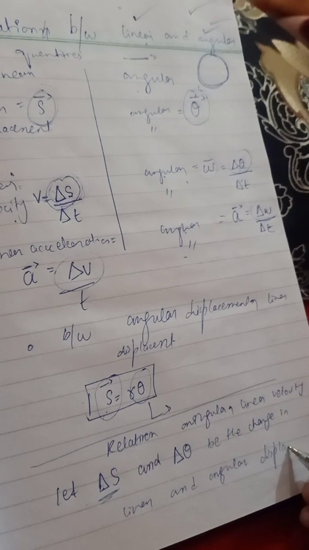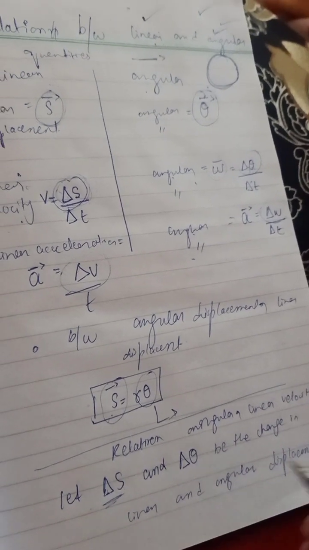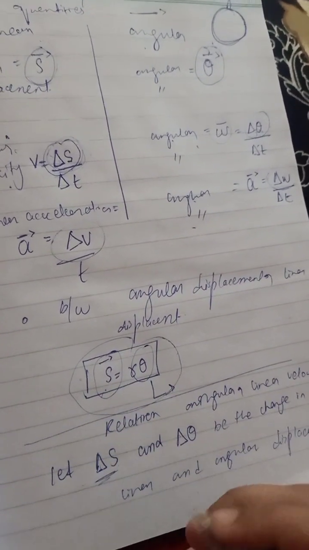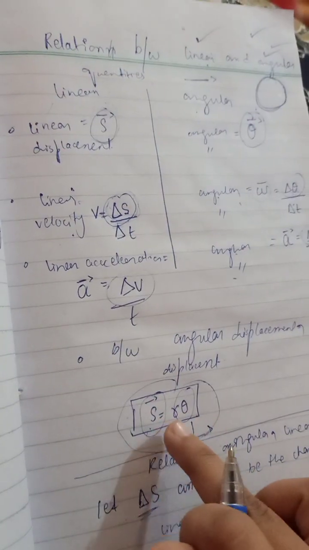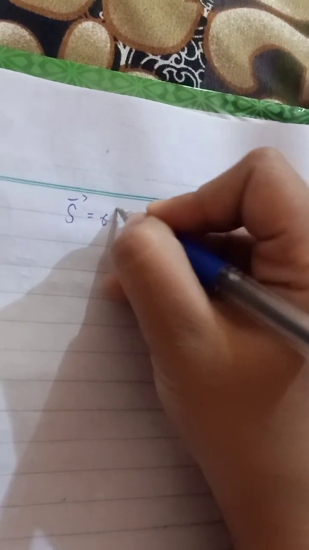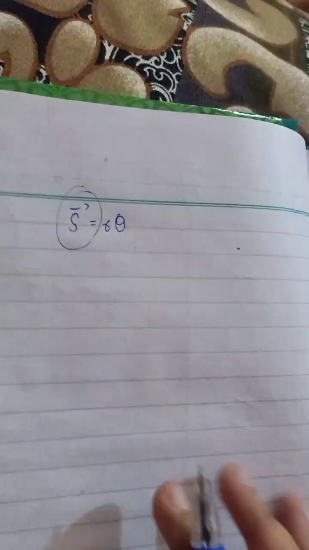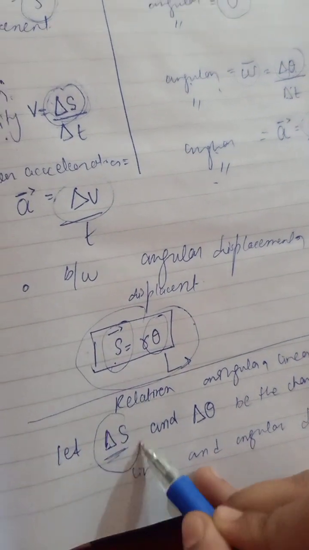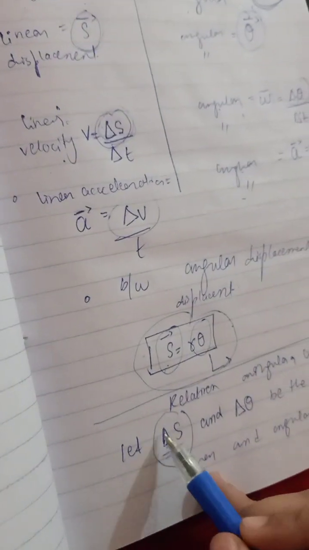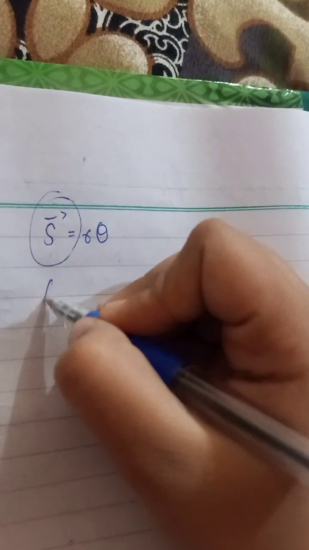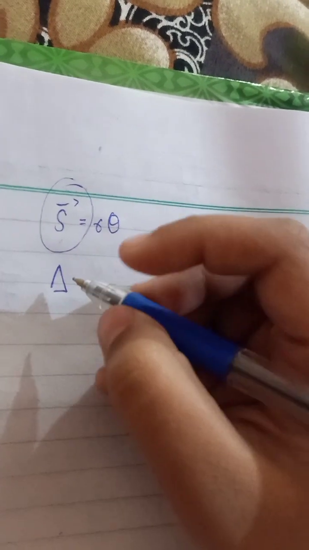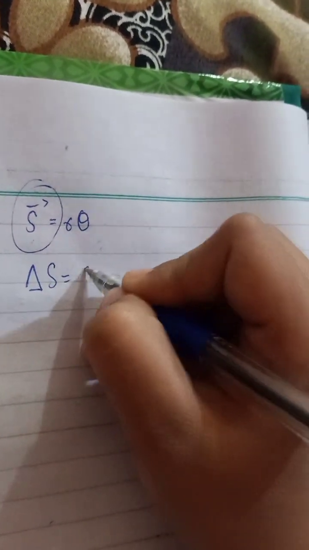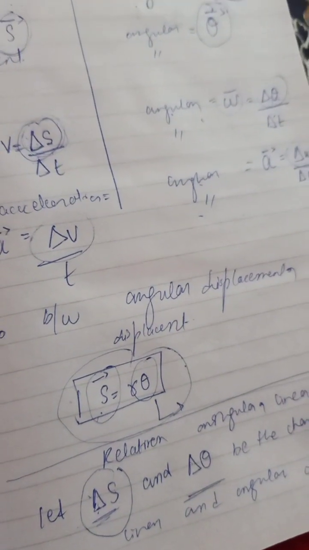We will use the formula s is equal to r theta. With the help of s, we consider the change in s, which is the change in linear displacement, and r times the change in theta, which is the change in the angular displacement.